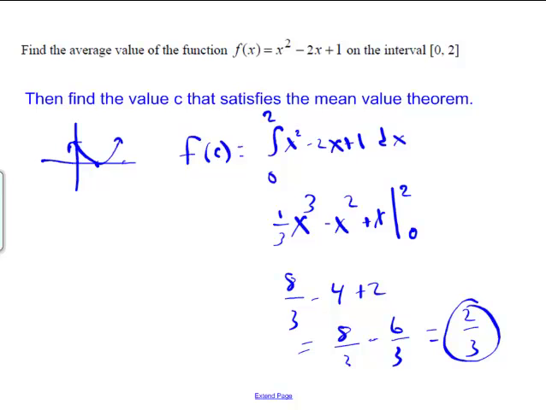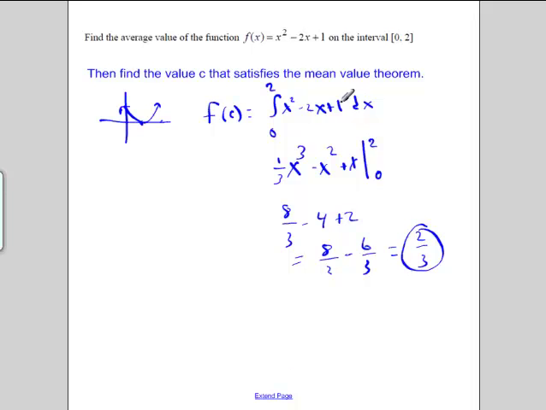Okay, so that's what this definite integral equals. And that's just the definite integral. So the average value, and I forgot to do this, should be divided by 2 minus 0, because remember, we're dividing by b minus a.